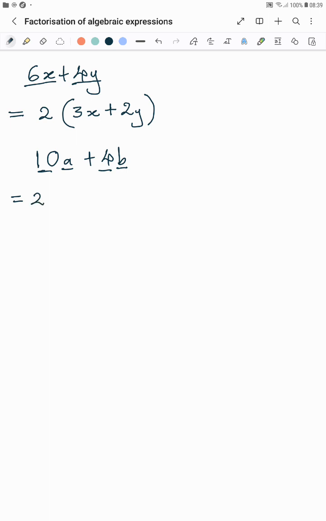So if we take 2 out, 10a divided by 2, you're going to remain with 5a. And 4b divided by 2, you're going to remain with 2b.